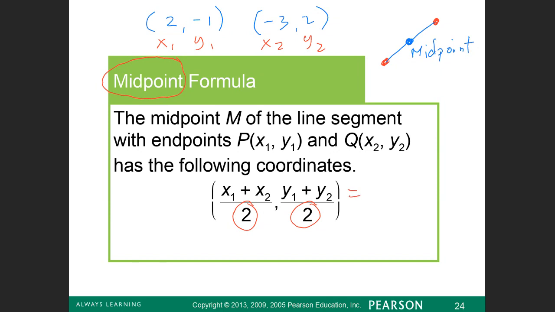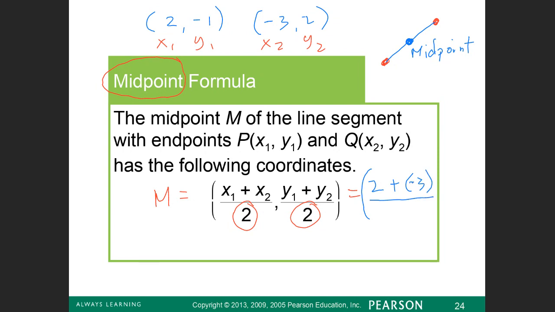So the midpoint here, we're just trying to plug that in. X1 would be 2 plus, so we use the parenthesis because this one is an ordered pair. And x2 would be negative 3.